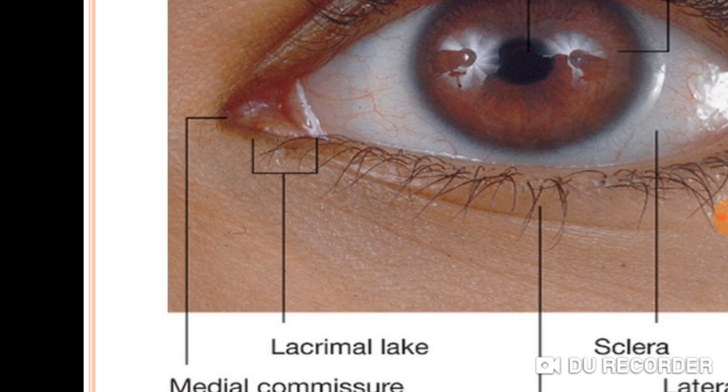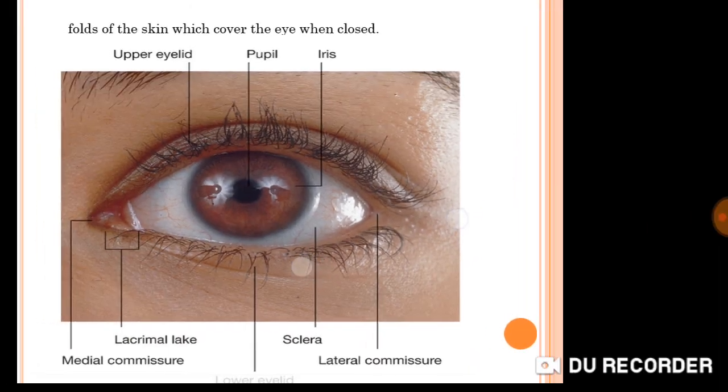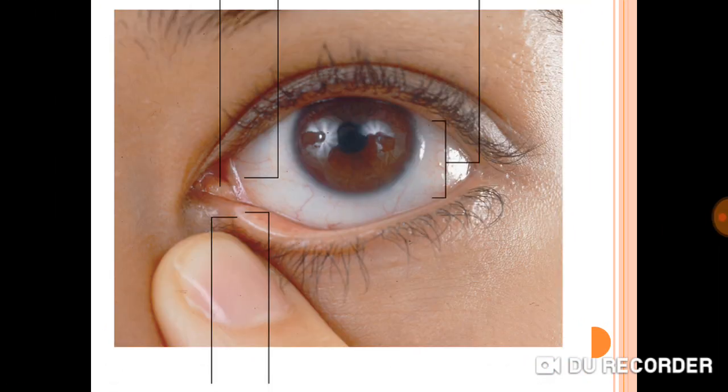This small fold is known as your plica semilunaris. So you have the lacus lacrimalis, this space, then the elevation called the caruncle lacrimalis, and a fold just lateral to it, called the plica semilunaris.